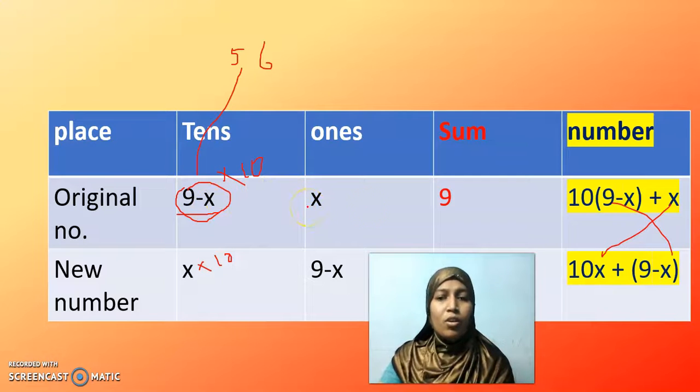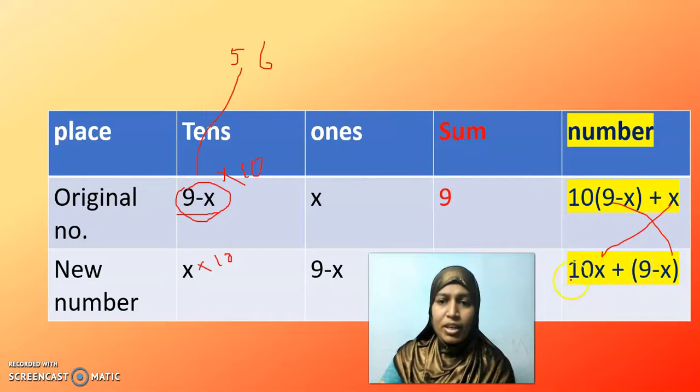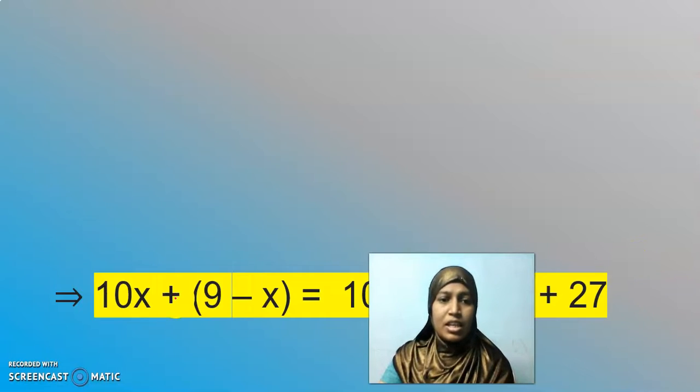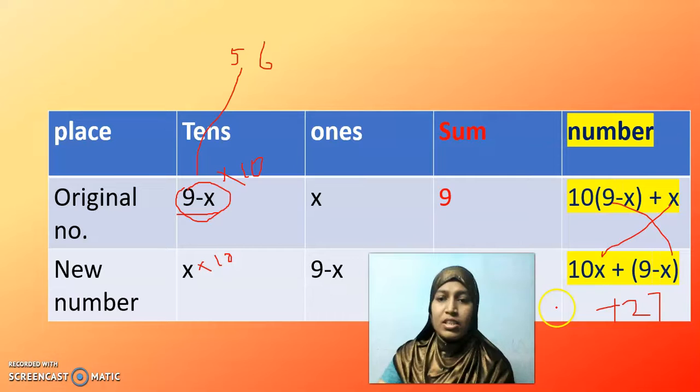Okay. Now, they have said that this new number is greater than the original number by 27. So that is what my equation is going to be. This new number, 10 into x plus 9 minus x, is equal to 27 greater than the original number. After interchanging, I got this number, which is 27 greater.